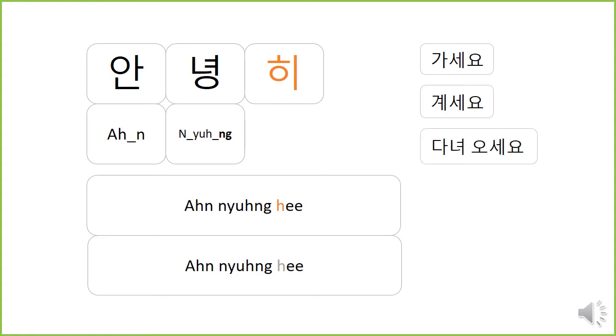And if the person you're saying this to is going out somewhere and planning to come back, 안녕히 다녀오세요. 다니다 means to roam. We don't know the specific information, but it just implies the roaming. 안녕히 다녀오세요.